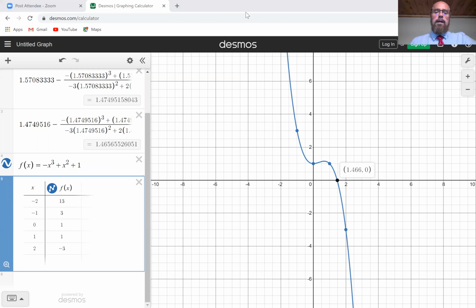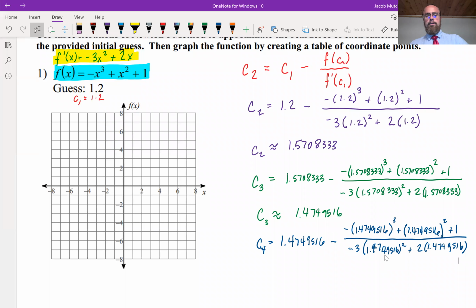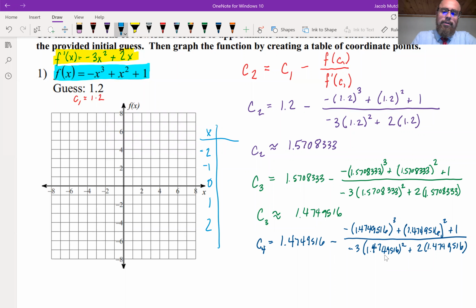So let's finalize our answer by heading back to the notes and graphing this function. So I'll just put the table that we had recorded right in this space here. So it's x, and we'd use -2, -1, 0, 1, and 2. And our y values, or f of x values, were 13, 3, 1, 1, and -3.